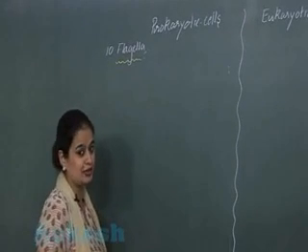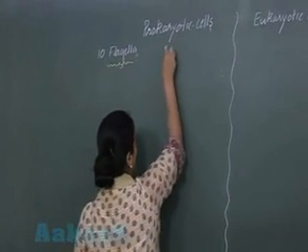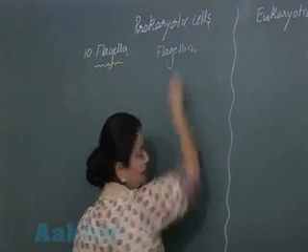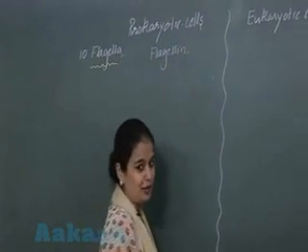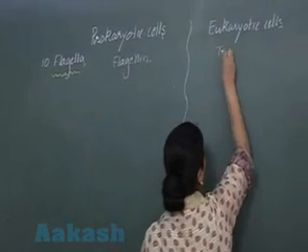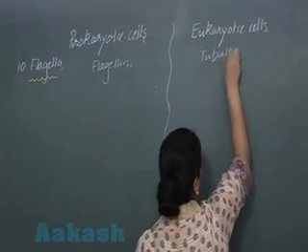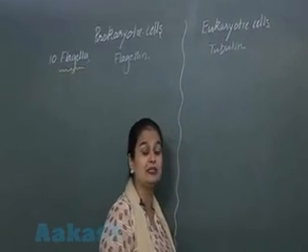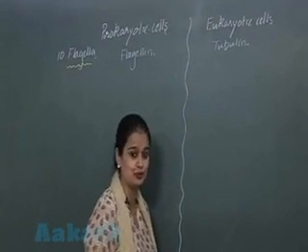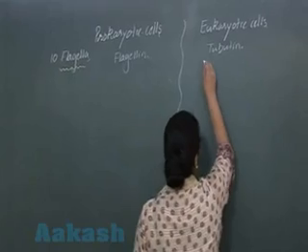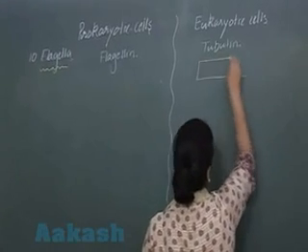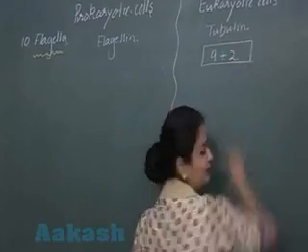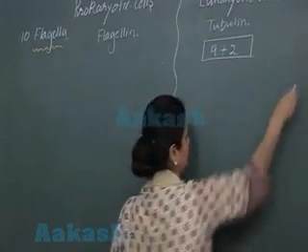Prokaryotic cells के अंदर जो flagella present है, that flagella is made up of flagellin protein, and in the case of the eukaryotes, flagella is made up of tubulin protein. And in this chapter, I will be discussing the detailed structure of the eukaryotic flagella. Please keep this in mind that the eukaryotic flagella shows 9+2 arrangement.